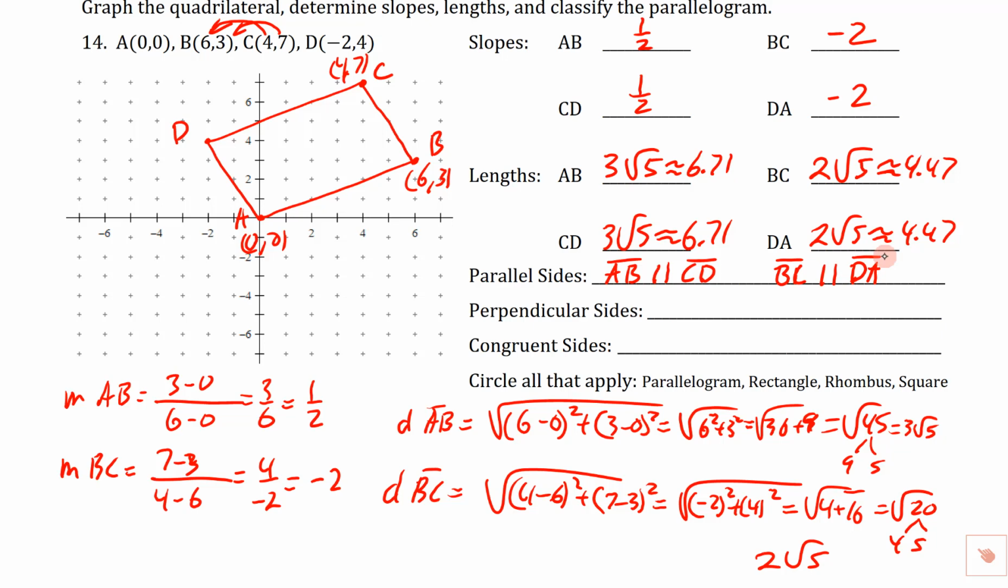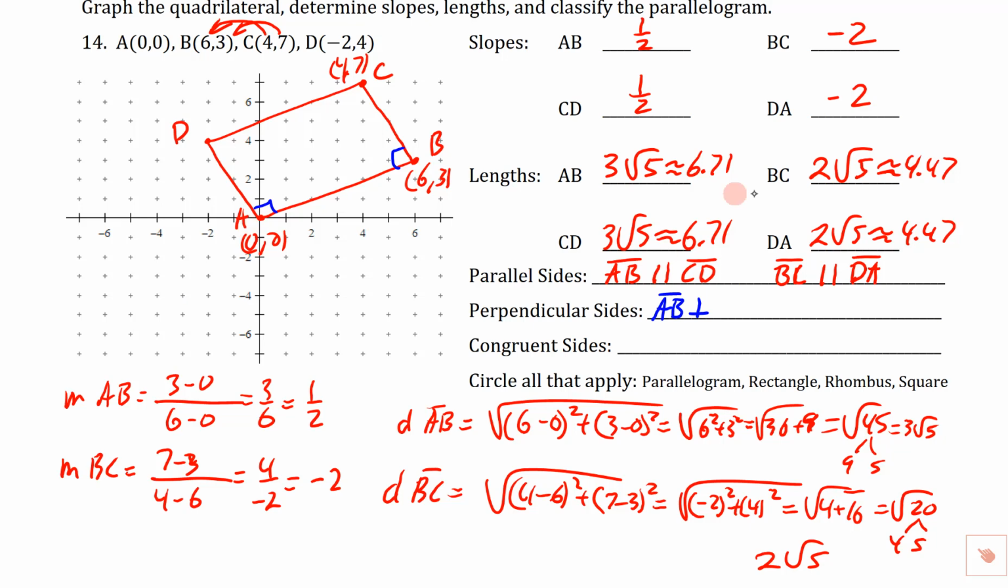So perpendicular is a little more interesting because we actually have these guys right here. So those two are perpendicular and those two are perpendicular. So I'm going to say AB is perpendicular to, and then we'll just list the other two.